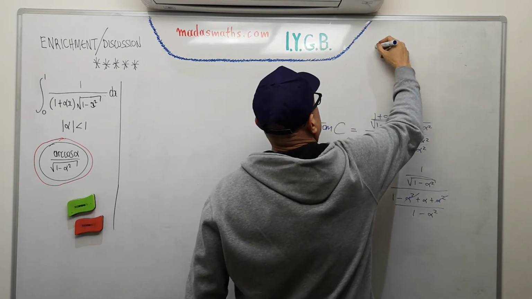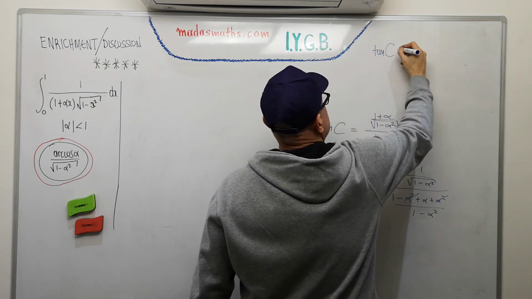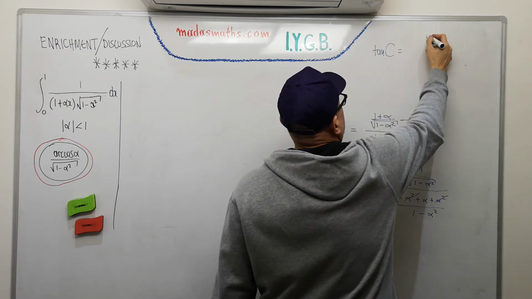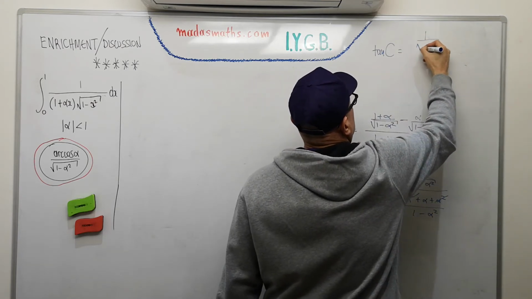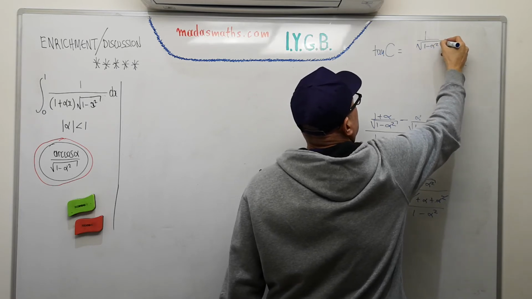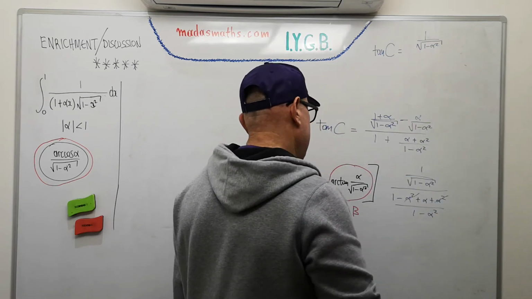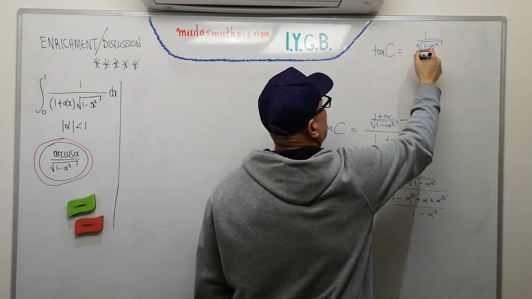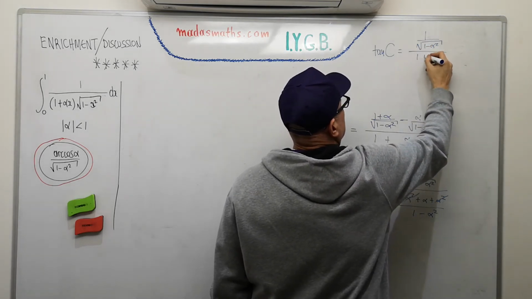So let's write again. The tan of C is equal to, and this will give me now, 1 over the square root of 1 minus alpha squared. That's that bit there. And this is going to be 1 plus alpha over 1 minus alpha squared.